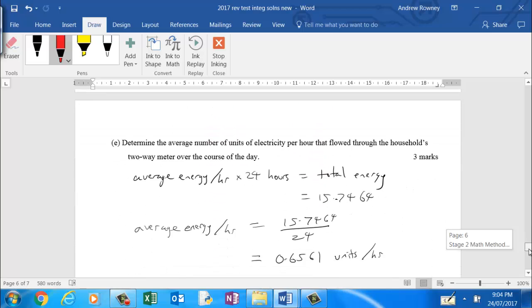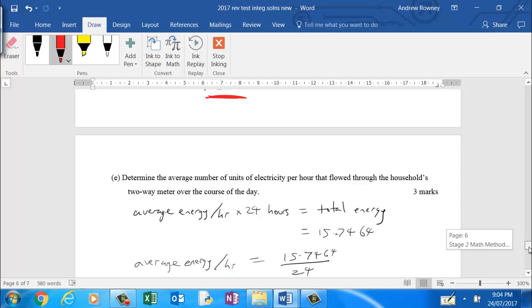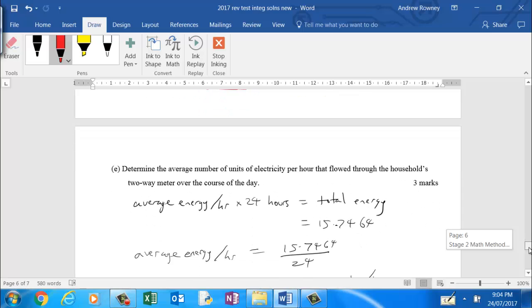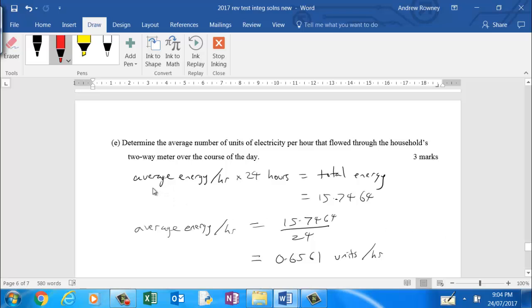Determine the average number of units per hour. Now over 24 hours, we could have a formula here. The average energy is equal to the total energy divided by the total time, or the average energy times the time equals the total energy. Right?